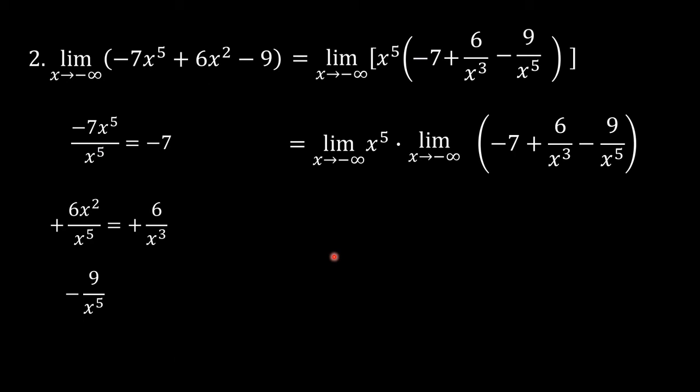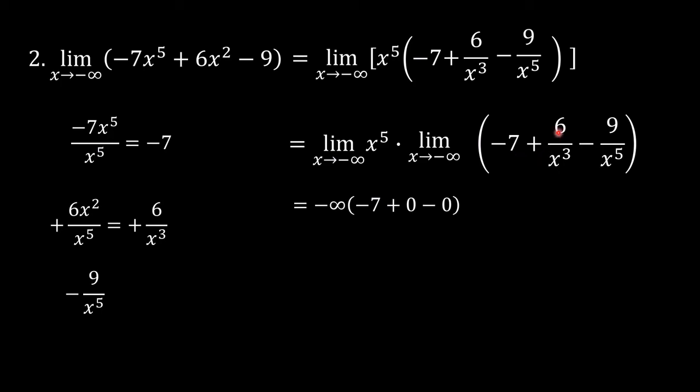The limit of x raised to the exponent of 5 as x approaches negative infinity is negative infinity because the exponent 5 is an odd number. The limit of negative 7 as x approaches negative infinity is negative 7 because negative 7 is constant.